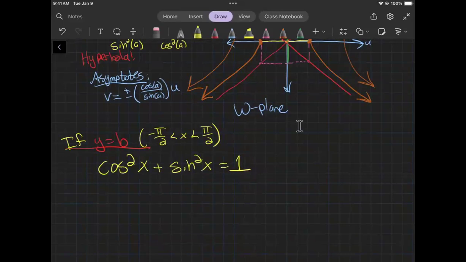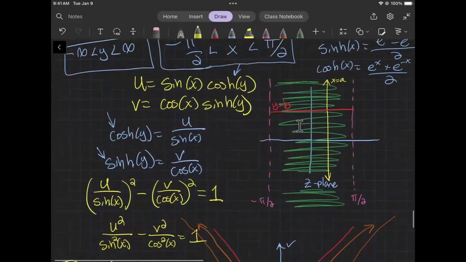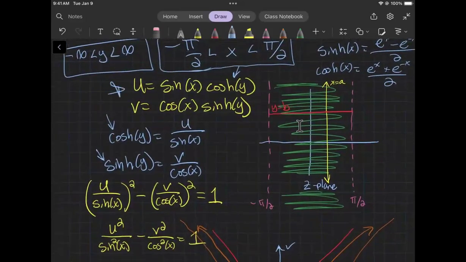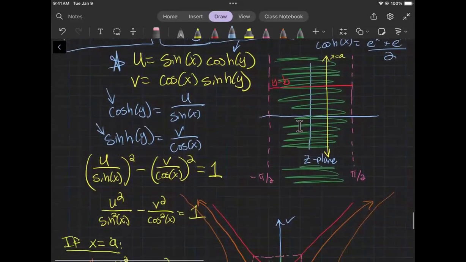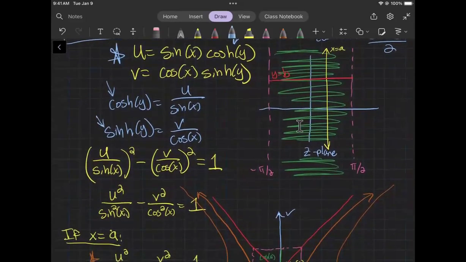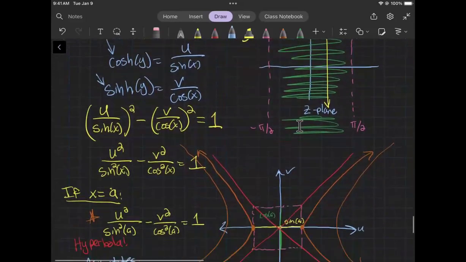All right, so now we're going to solve the real and imaginary components of sine of z for sine of x and cosine of x respectively.